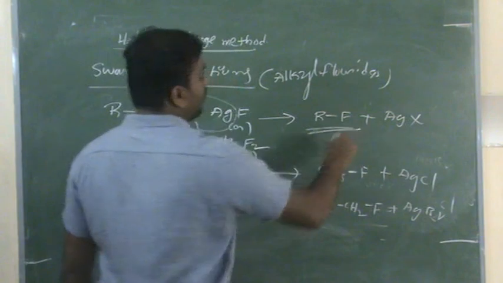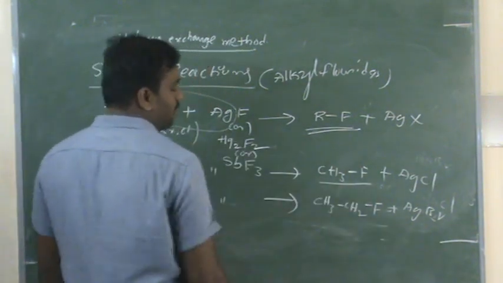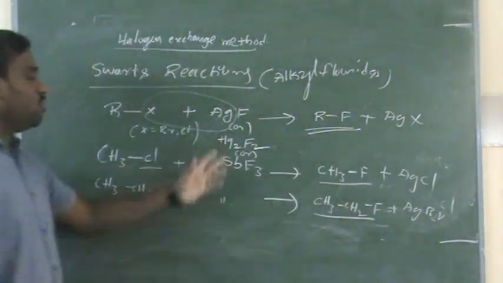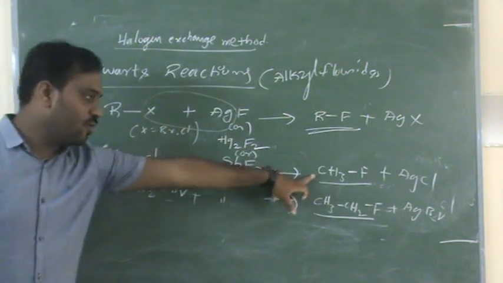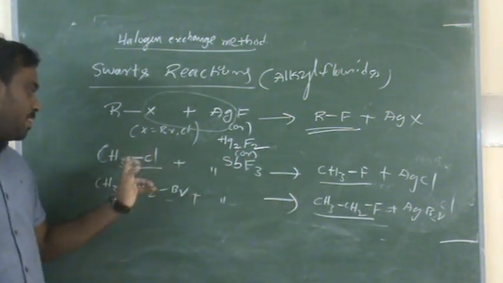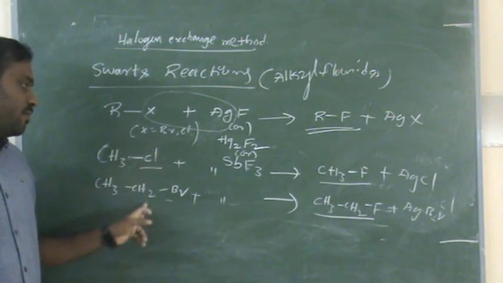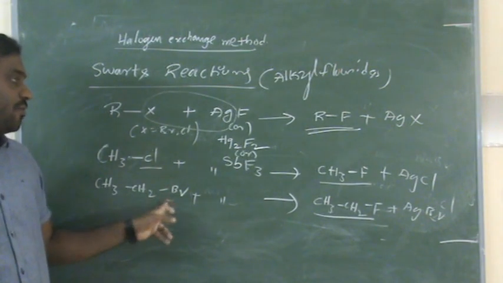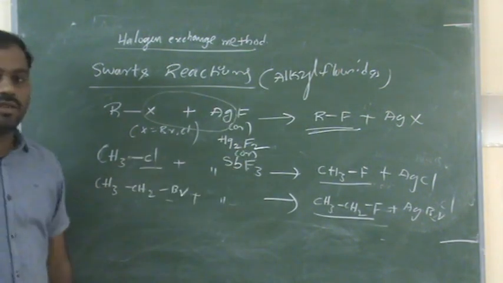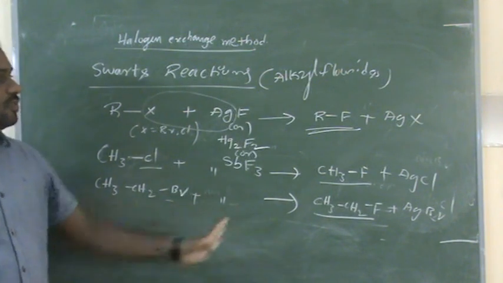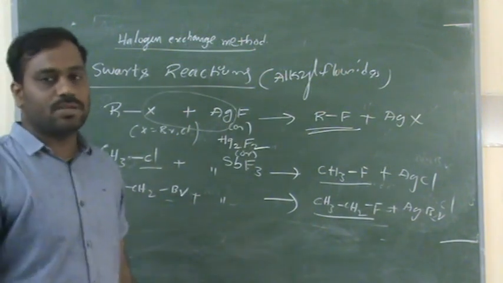This is alkyl fluoride: methyl fluoride, ethyl fluoride. These two fluorides we prepared from alkyl chlorides and alkyl bromides by using metal fluoride. So these are all the preparation methods.